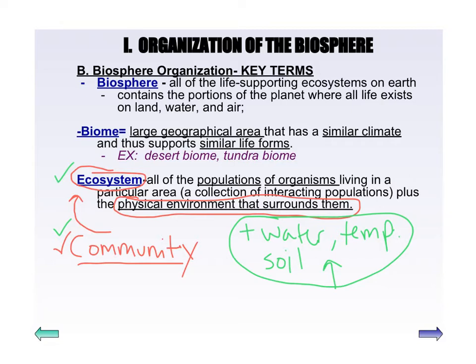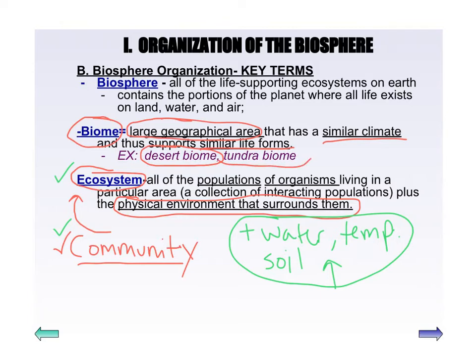Now our next term is called a biome. A biome is really, really large. It's a very large area of land which has similar climate. That means it has similar weather, similar rainfall, snowfall, temperature. Therefore, similar life forms, similar plants and animals live there. So for example, if you ever go to Las Vegas, that's a desert biome.